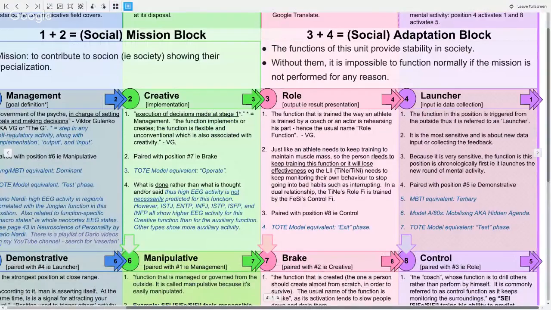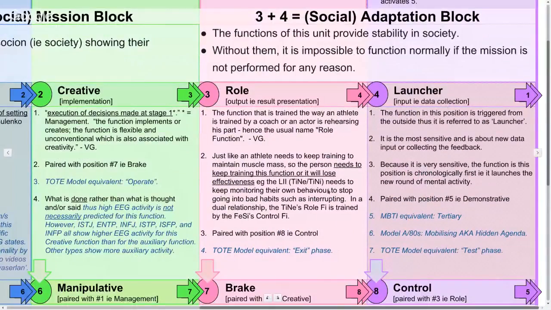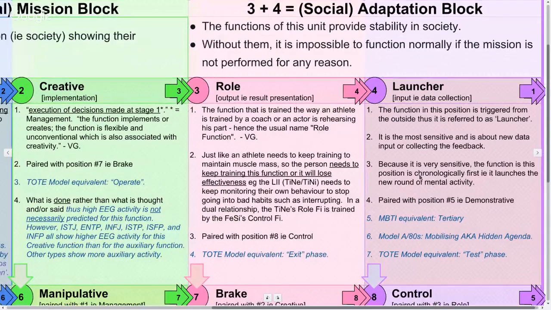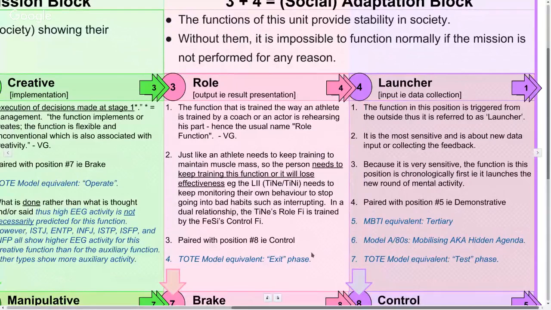Well, the idea here is that actually the INTP is launched by SI+. That is what gets them going, the stimulator. It launches the first function.